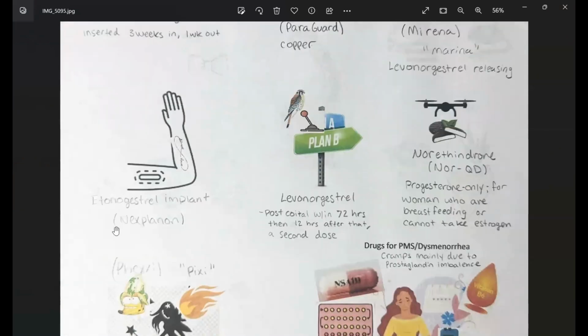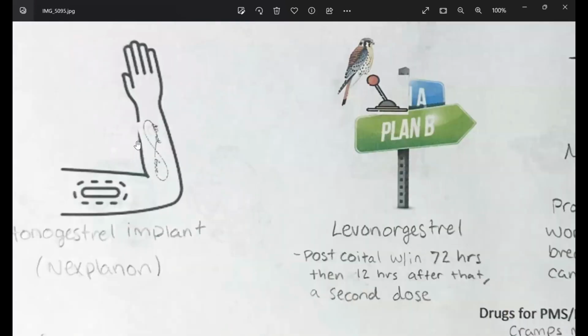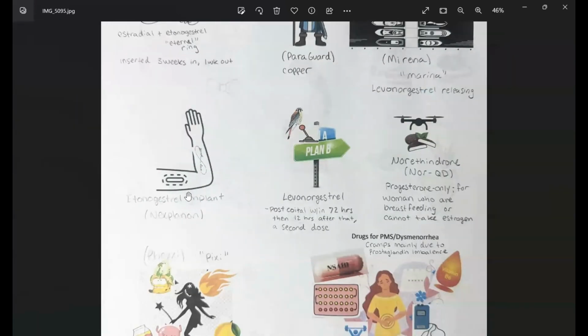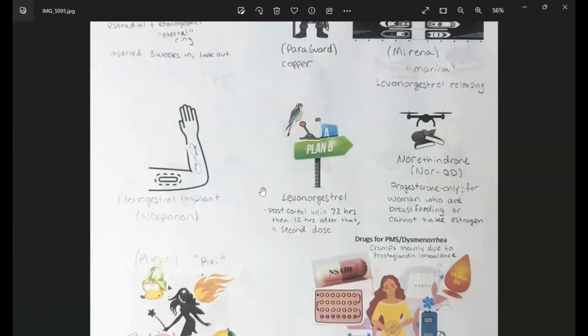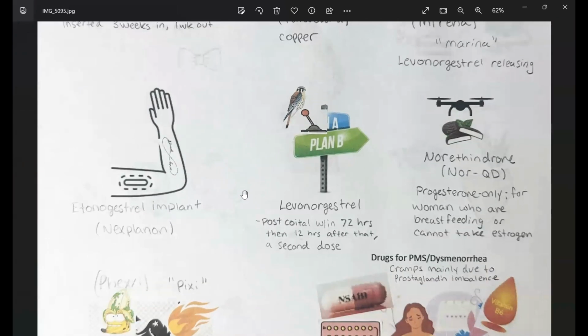Another option is Nexplanon, an etonogestrel implant. Again, we have a tattoo of this eternal ring, and Nexplanon goes in the arm. I just found that picture there, kept it simple.